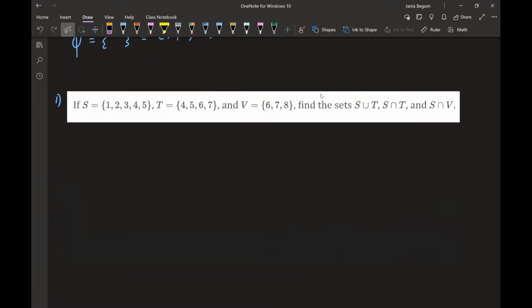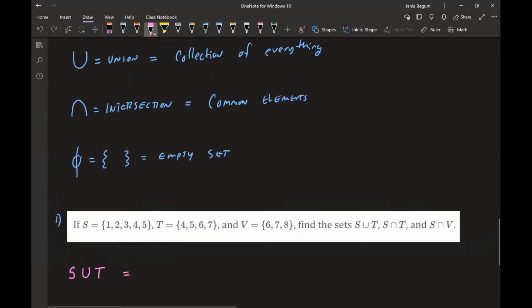Okay, so let's go ahead and do that. So first one, we want to find what is S union T. Now, what did we say about union? Well, union is the collection of everything. So everything that's in S, everything that's in T, it's going to be in the union.